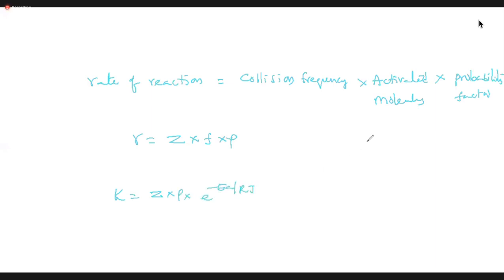So K is equal to A into e to the power minus Ea by RT.